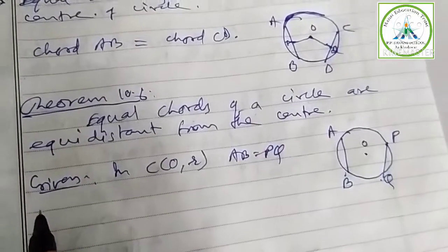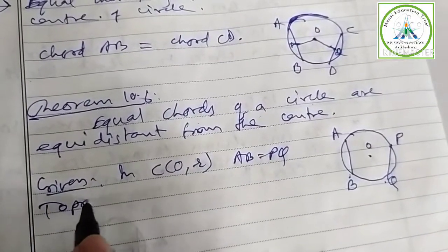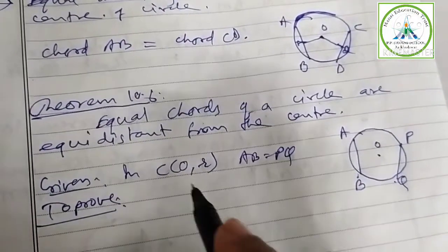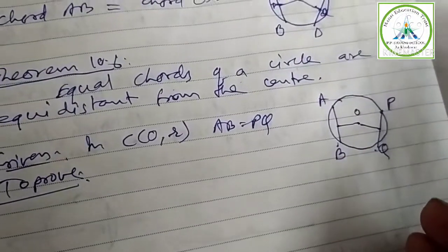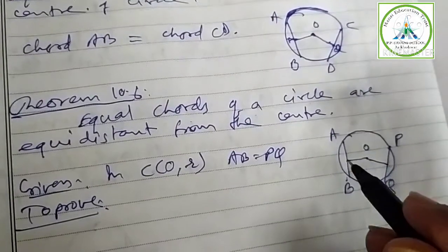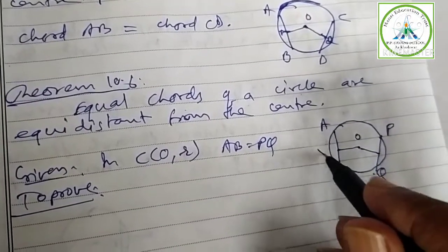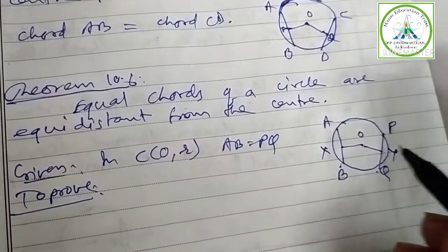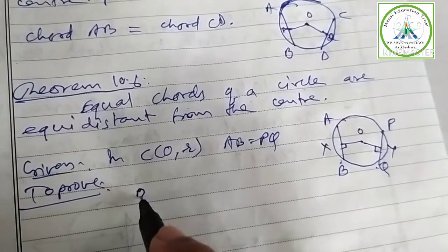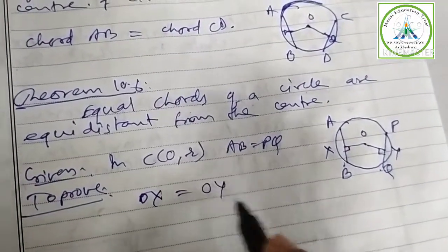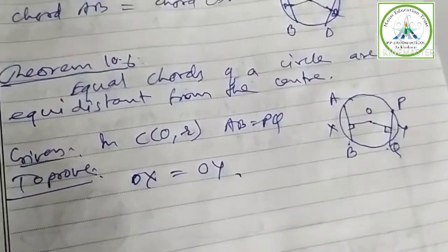Okay, now to prove: if I draw OX and OY perpendicular, then OX is equal to OY.